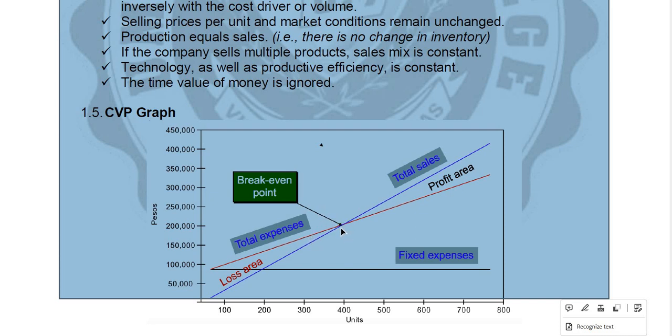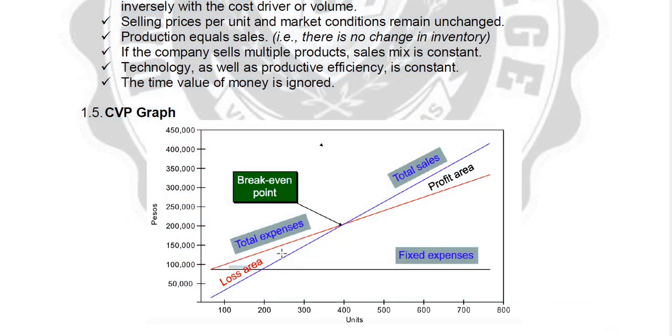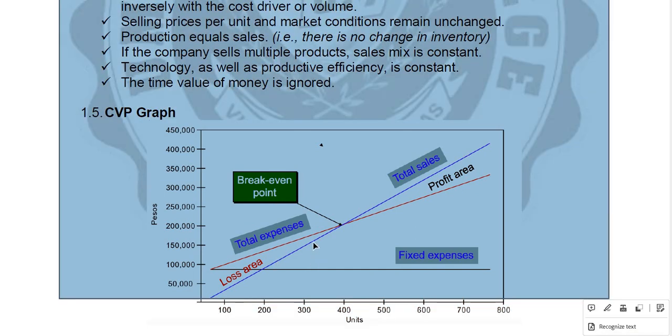Also, this area here is actually your loss area. So, class, for example, if you only sold 300 units, you would be in the loss area. If your sales, for example, is below 150,000, at around 300 units, it means that you will be reporting a net loss.